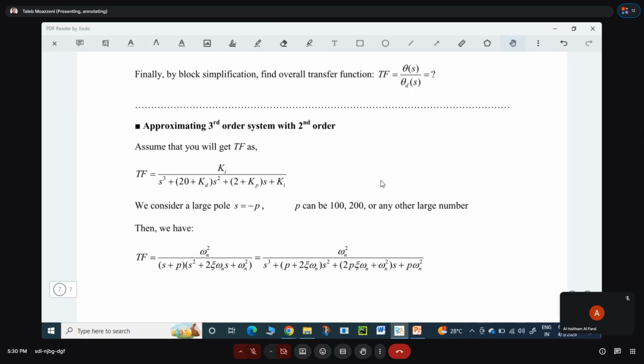So now the question: how to find Kp, Ki, and Kd? That is the last step of your design. So here the trick is we add a large pole at minus p, like 100, 200, or any large number. P can be a very large number. The choice that I said is optional.